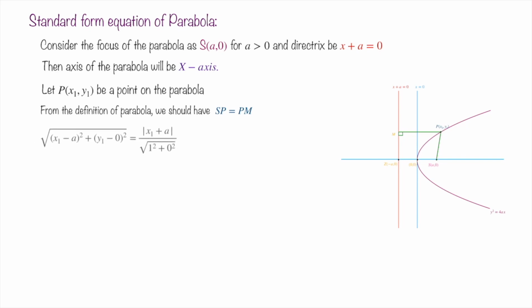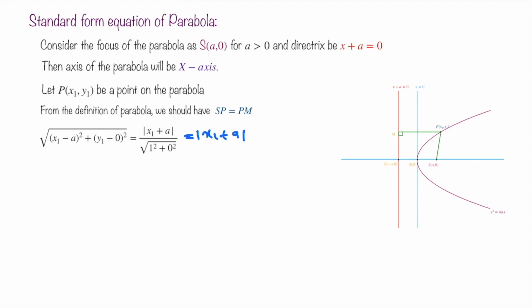The distance from S to P is going to be under root (x1 minus a) whole square plus (y1 minus 0) whole square, and PM is going to be the perpendicular distance from this (x1, y1) to this directrix. It's going to be mod x1 plus a by under root 1 square plus 0 square, which is simply going to be mod x1 plus a.